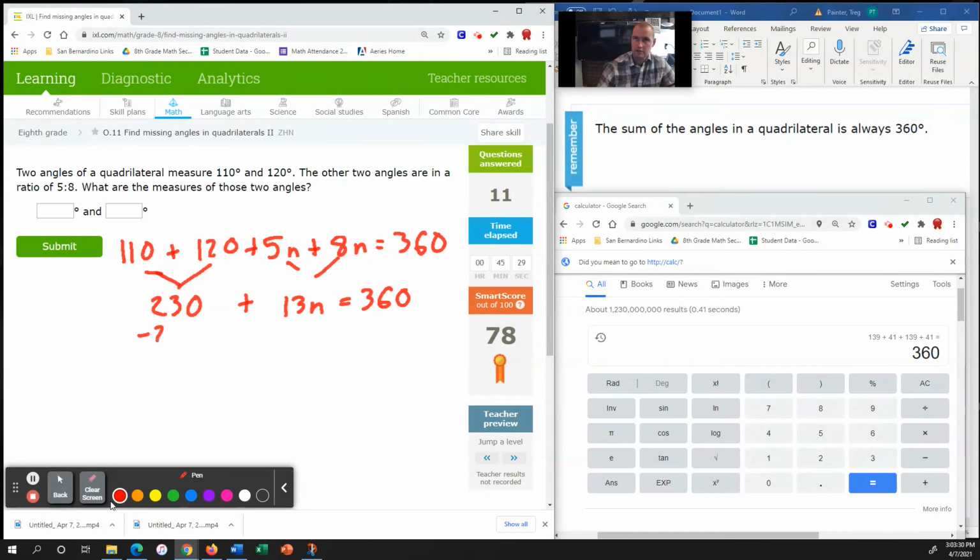What we're going to do is subtract 230 from both sides, so minus 230, minus 230. The 230s are out.